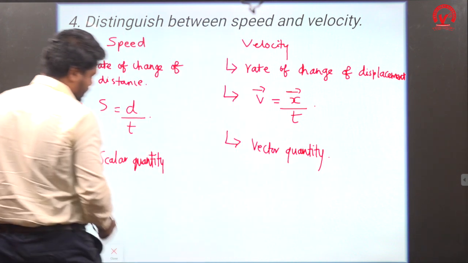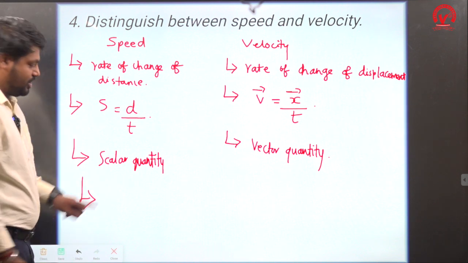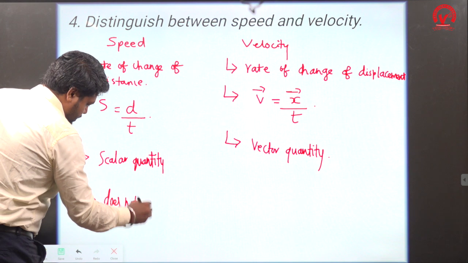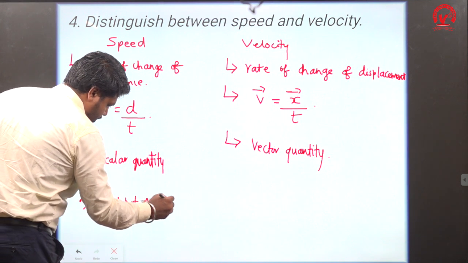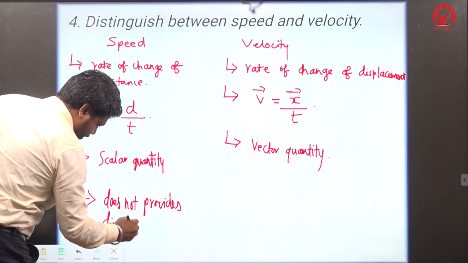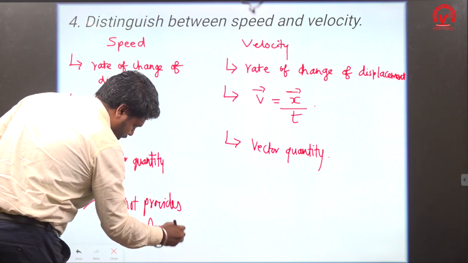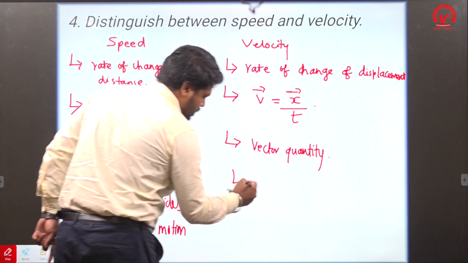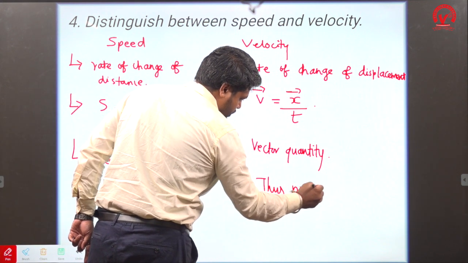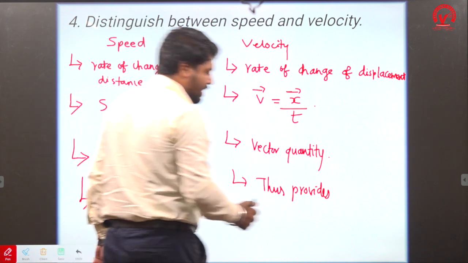We can say another difference. Speed does not provide the direction of motion. Velocity, hence being a vector quantity, definitely gives you the direction.